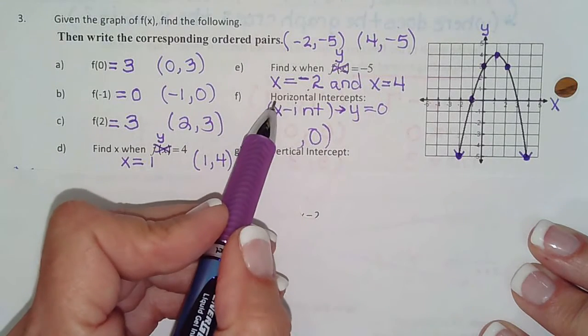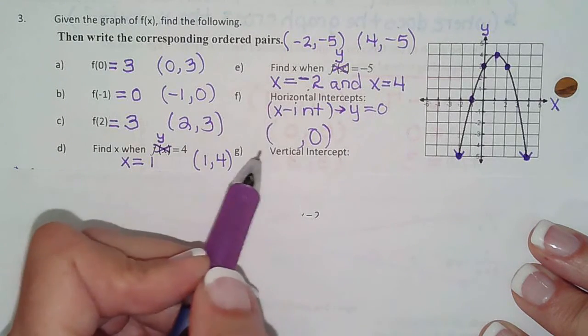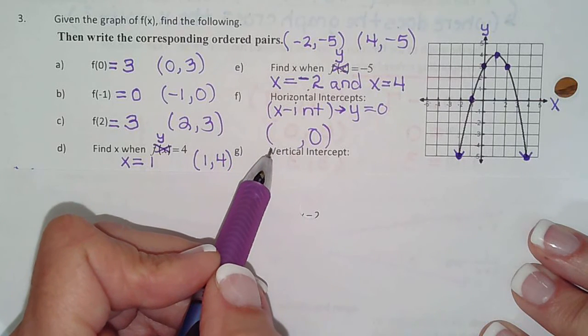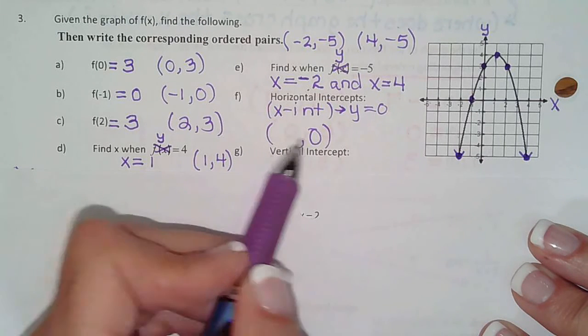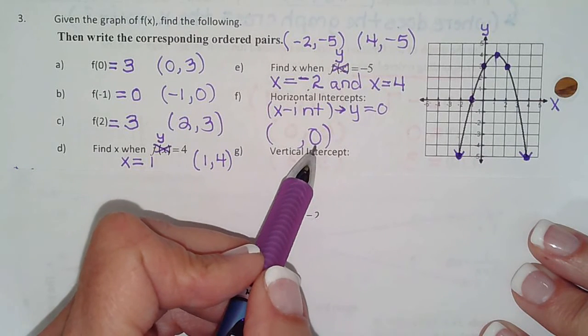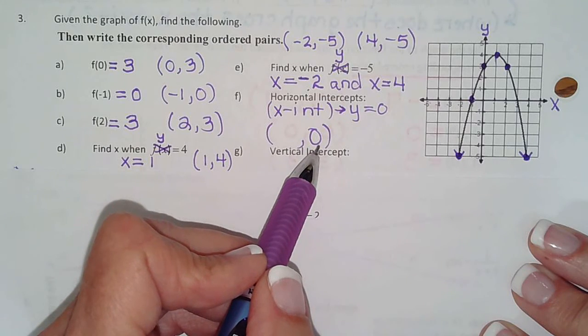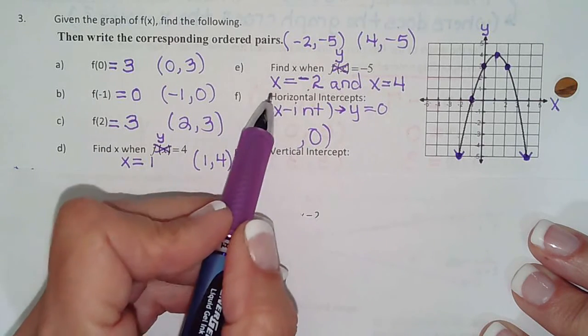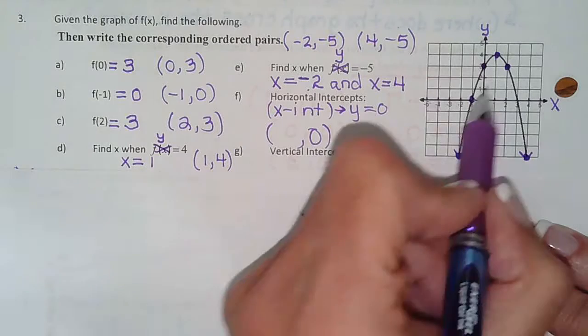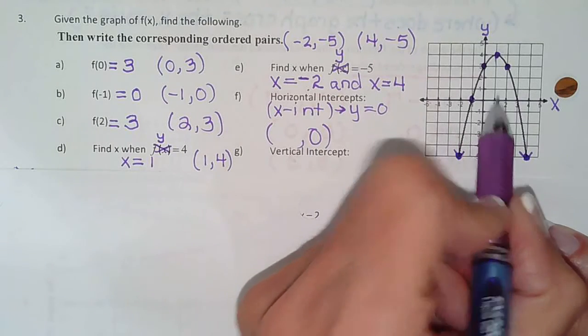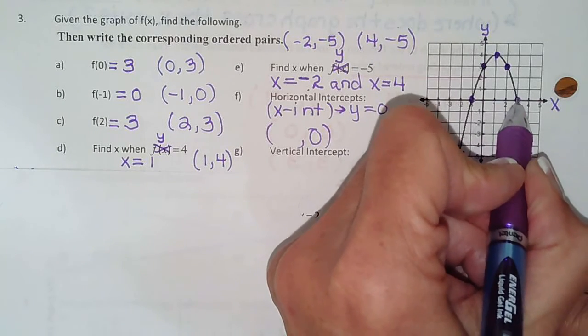And remember, intercepts are always written as points, because if you go back to your notes from the previous day, intercepts are the point or points where a graph crosses the x or y axis. So they always have to be written as points, intercepts. So I look on the x-axis and I go, whoa, there's 2 x-intercepts.